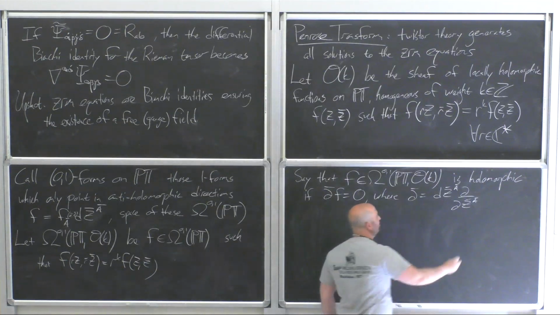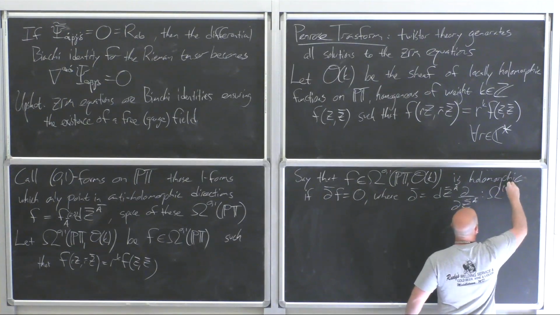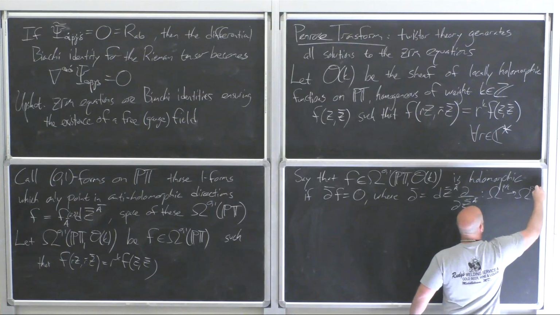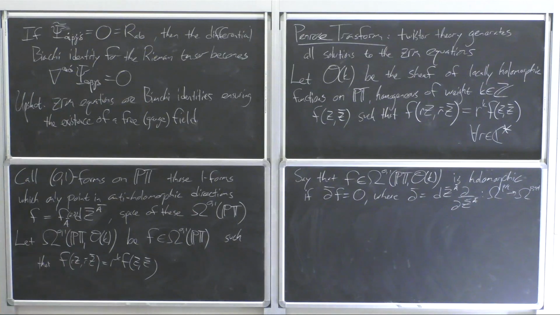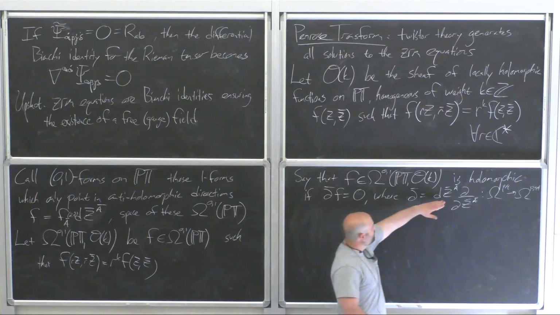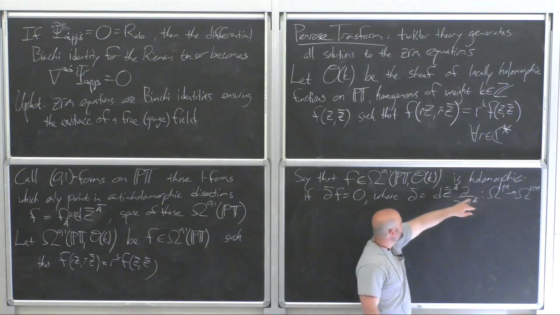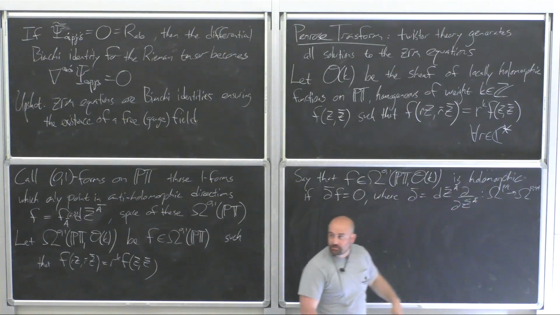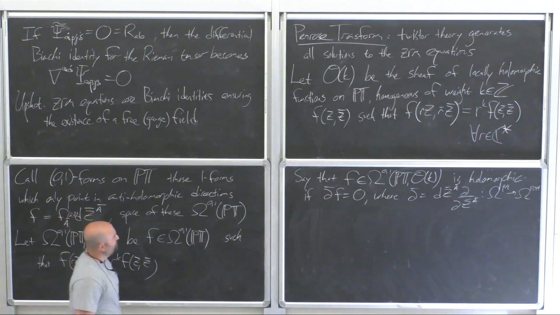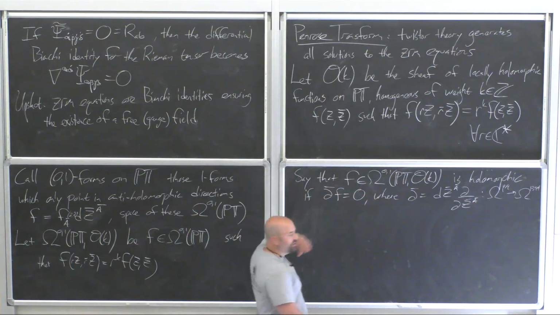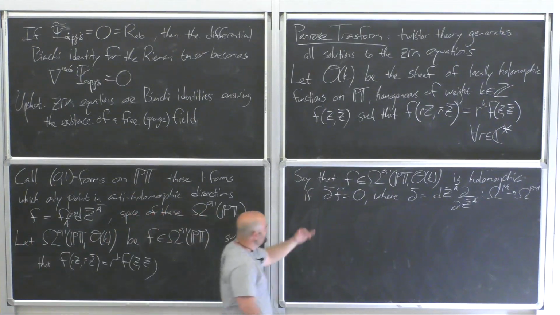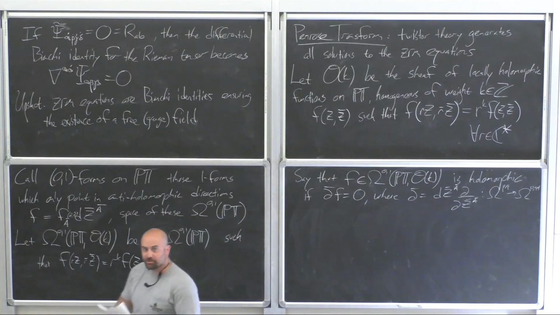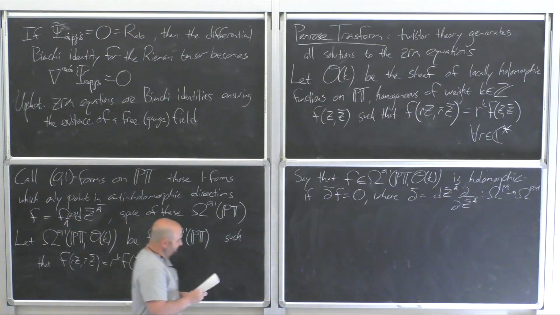Okay, so this thing sends p,q forms to p,q plus 1 forms. Right? I just take a derivative in an anti-holomorphic direction. That's what the thing's doing. And then this acts via wedge product, right? So if this is acting on some differential form, I wedge this dz bar against everything else. Okay? So if I have a 0,1 form and it's annihilated by d bar, I say that it's holomorphic, in the same way that if I had a function on C that was annihilated by d bar, I'd say it was holomorphic because it obeyed the Cauchy-Riemann equations.